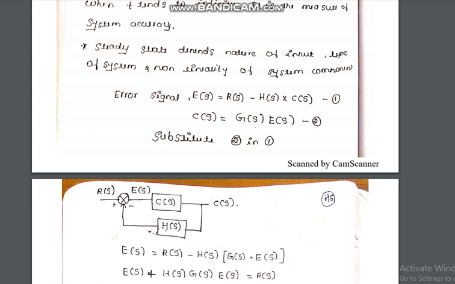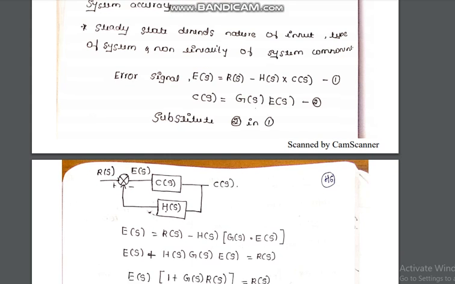From this diagram, I can write E(s) is equal to R(s) minus H(s) into C(s), and we know the output C(s) is equal to G(s) into E(s). In this diagram I have written the forward path gain as C(s); just change that one to G(s).